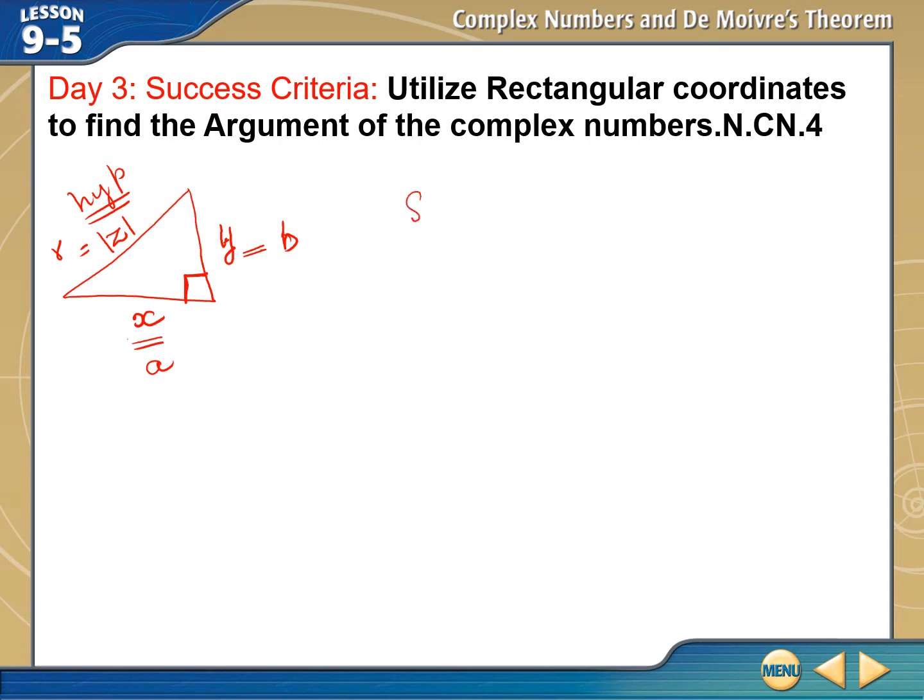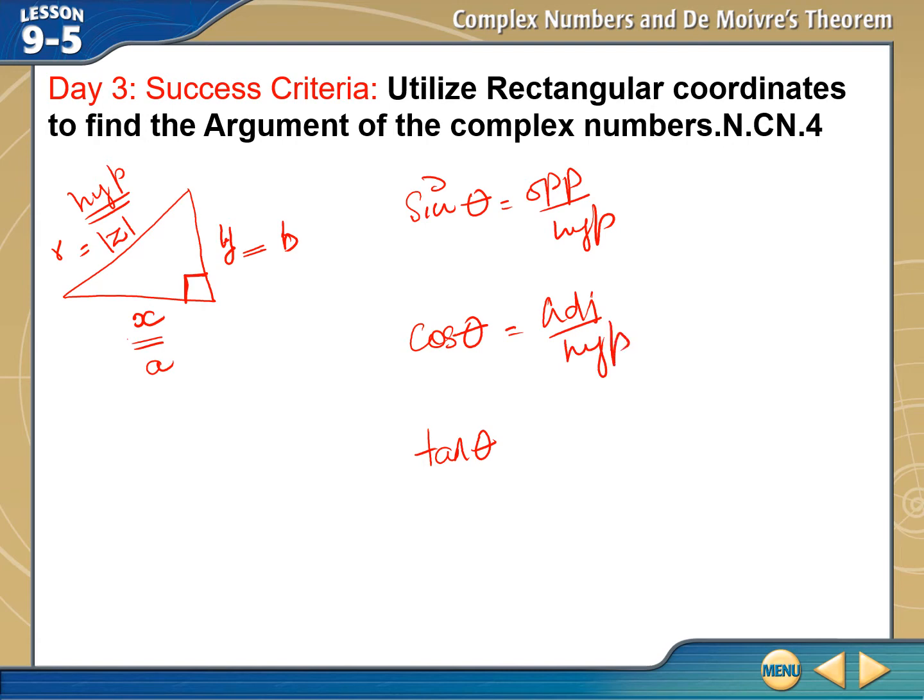We all know the formula of sine theta in the trigonometric ratios. We have the three basic trigonometric ratios: sine theta, cosine theta and tangent theta. Sine theta is opposite over hypotenuse, whereas cosine theta is adjacent over hypotenuse, and tangent theta is opposite over adjacent.